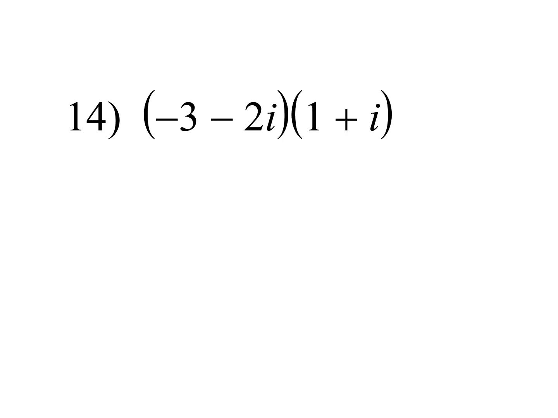All right, so I have 2 terms times 2 terms. How do I multiply these? What do I do? FOIL. So what are the first numbers? What's negative 3 times 1? Negative 3. What are the outsides? Negative 3 times i.